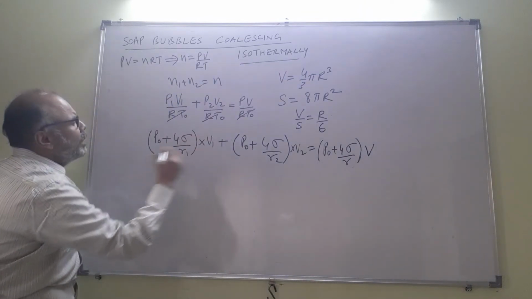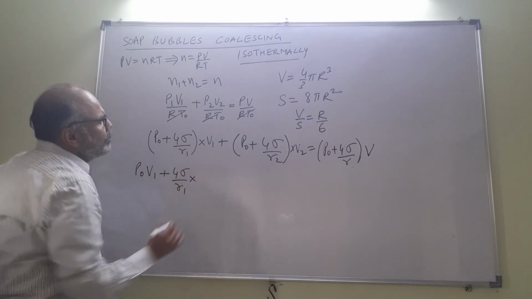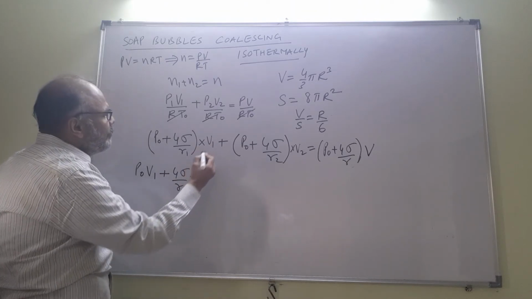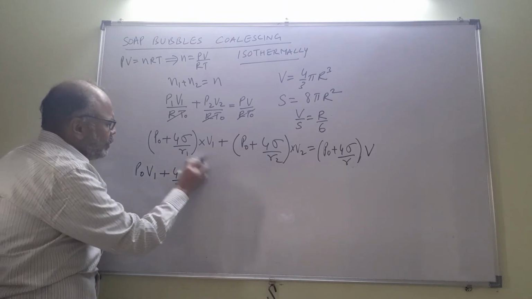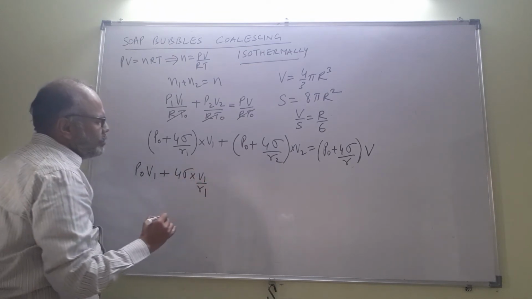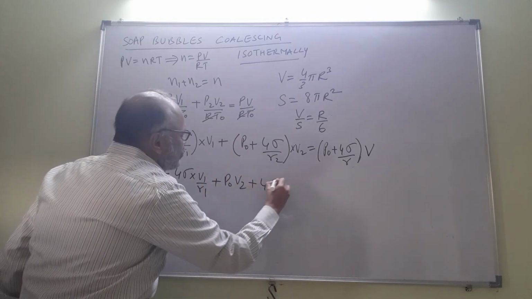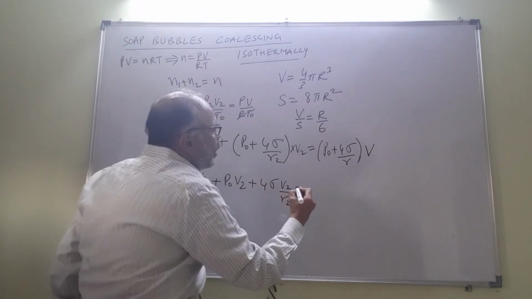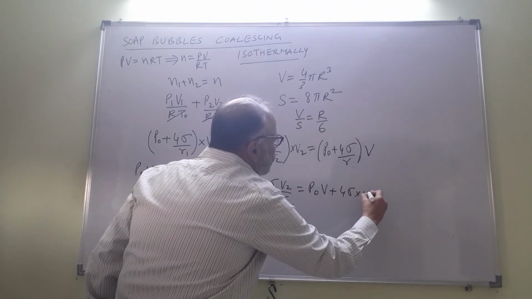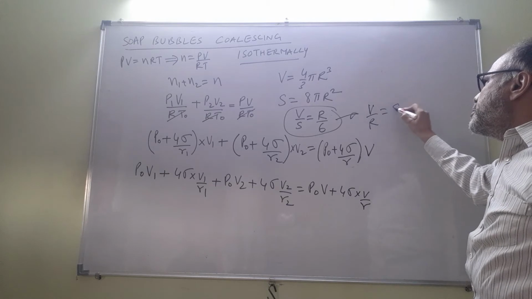Now what we are going to do here is multiply this. This will be P naught V1 plus 4 sigma into V1 by R1, and here P naught V2 plus 4 sigma V2 by R2, and here you will have P naught into V plus 4 sigma into V by R. From this equation, we can say V by R is S by 6.